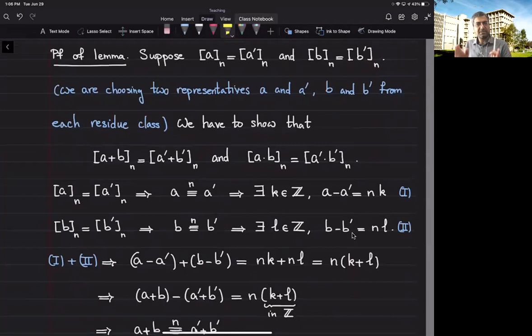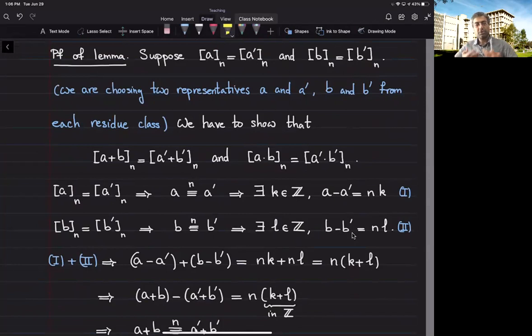Whenever there is this subtlety, we have to pick two different representatives and show that the process is independent of the choice of these representatives. So I choose A and A prime from the same residue class, and B and B prime from the same residue class.